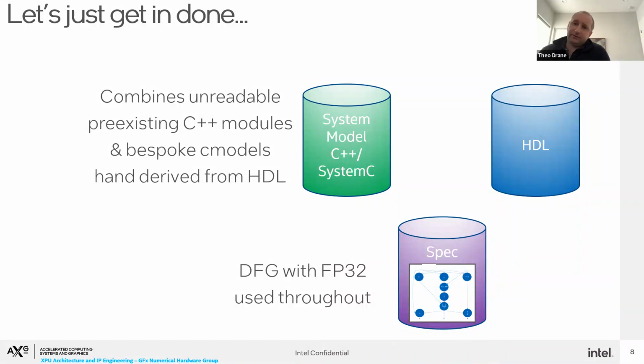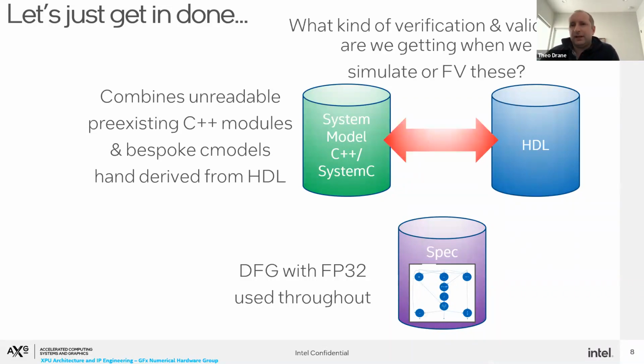If we were to do a specification, we might be forced, just because of components we have at our disposal, to use, say, single precision, so FP32 throughout. And then what's very strange is if we had the HDL and we had the C, typically one simulates between these two to gain confidence of correctness.